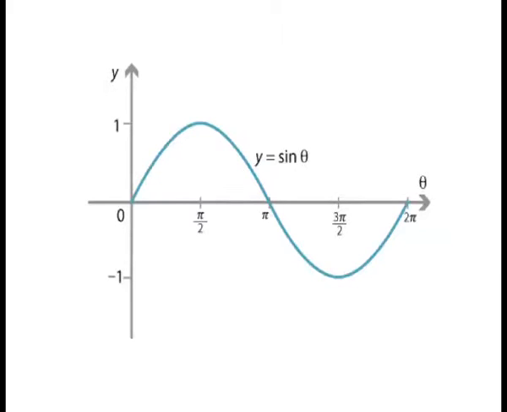So, you are seeing the sine function on your screen. It is 0 for theta equal to 0, 1 for theta equal to pi by 2, again 0 at theta equal to pi, -1 at theta equal to 3 pi by 2, and again 0 at theta equal to 2 pi. So, we say by the passage of theta from 0 to twice pi, it completes a period.